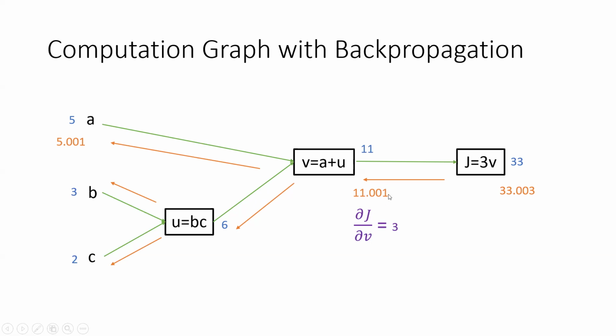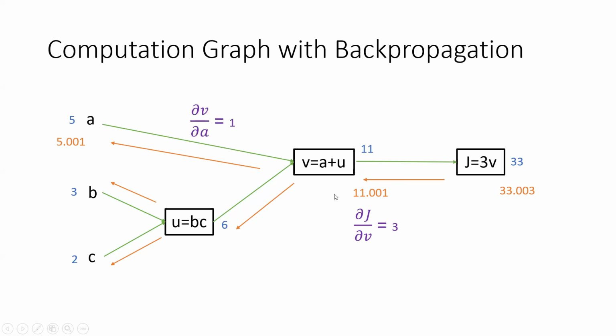When A is increased by a certain amount, V has also increased by the same amount. That means ∂V by ∂A should be 1.